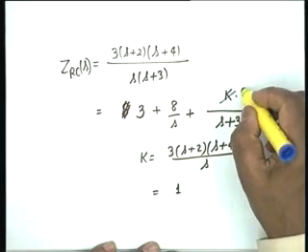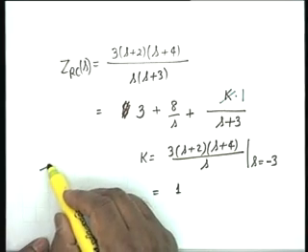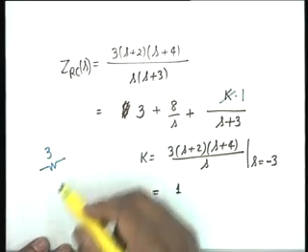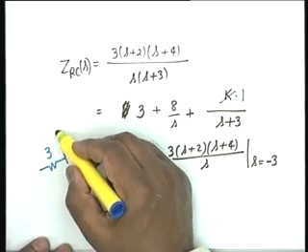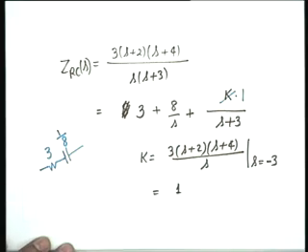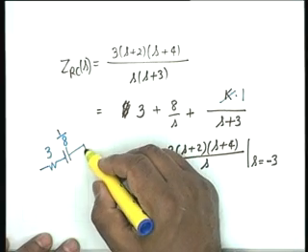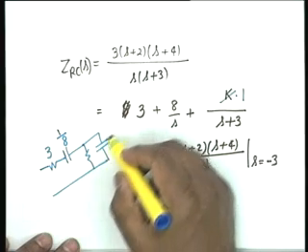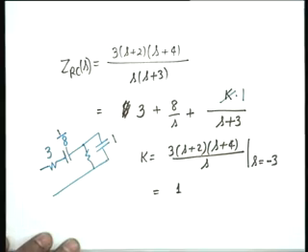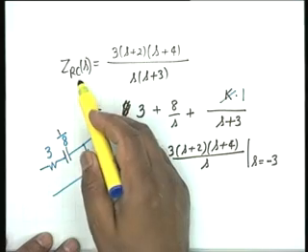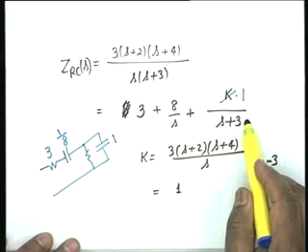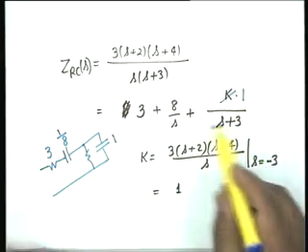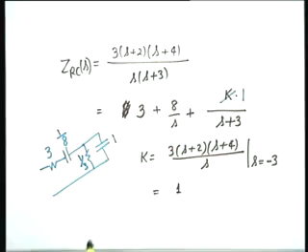Therefore, the circuit is simply a 3 ohm resistance, a capacitor of value 1/8, then a parallel combination of a resistance and a capacitance. The capacitance is 1 and the resistance is 3 or 1 by 3. Come on, this is an impedance, so it must be an admittance. How much? 1 by 3. And the synthesis is complete.